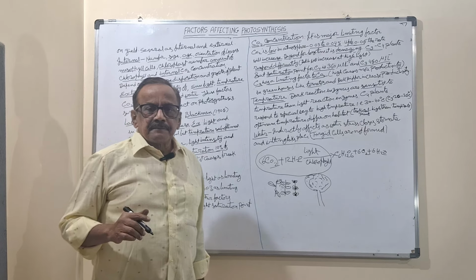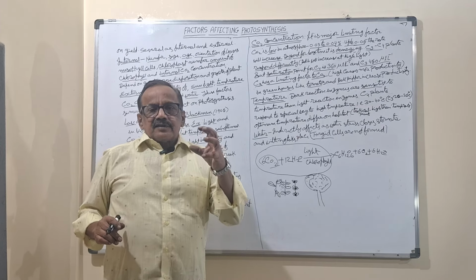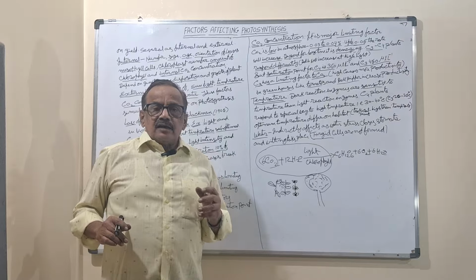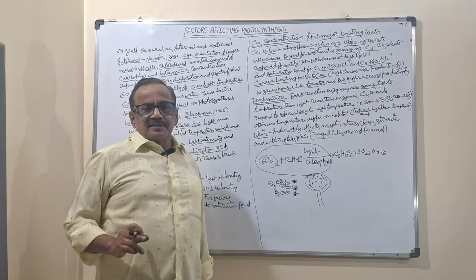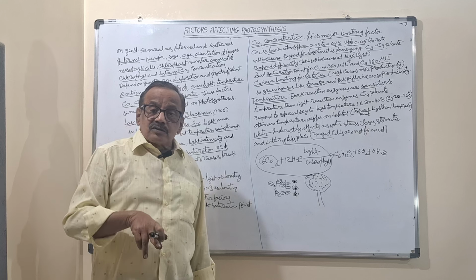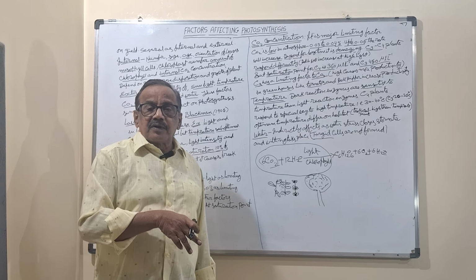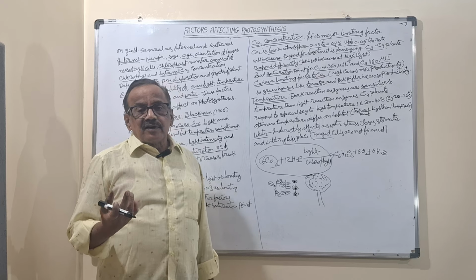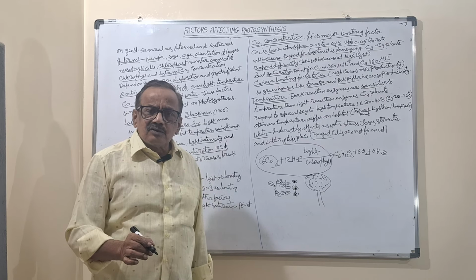Why am I telling this? A turgid cell increases in size, and a turgid cell will do the maximum metabolic activity. That is important. Turgidity will be reduced when the water is not taken properly, when water availability is less. So a turgid cell is not forming, metabolic activity will be reduced, and the photosynthetic rate will be reduced.